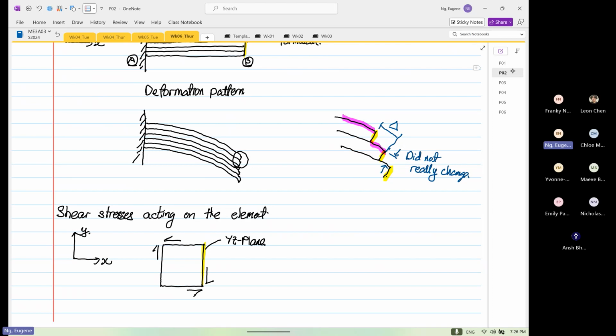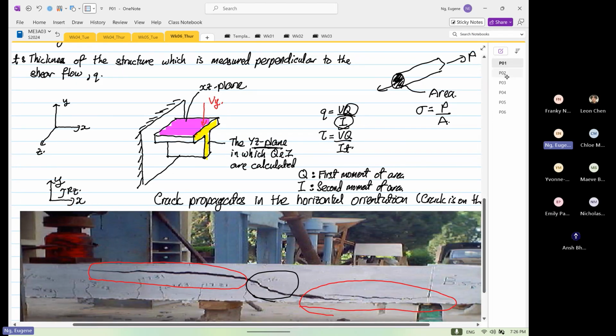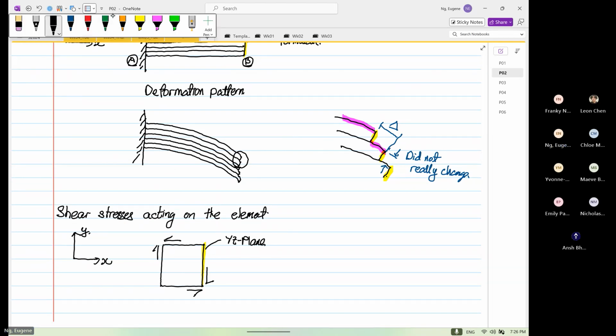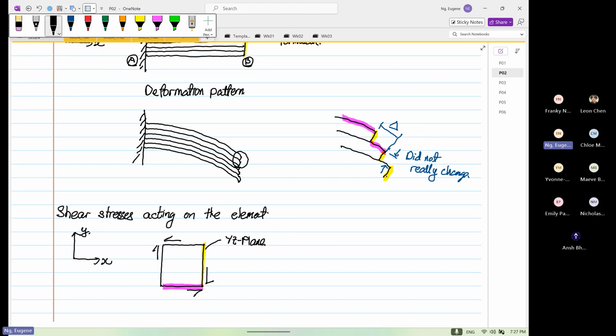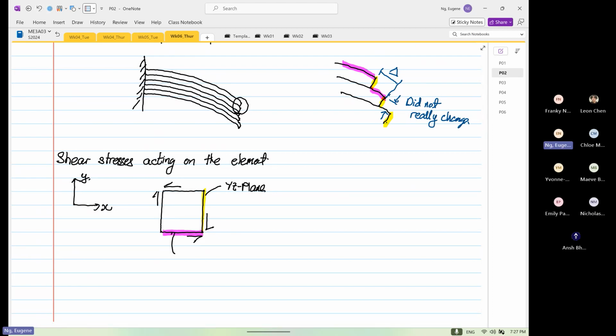I want to be sure, did I get it right the first time? Yeah, YZ plane. And the pink surface is on our XZ plane.